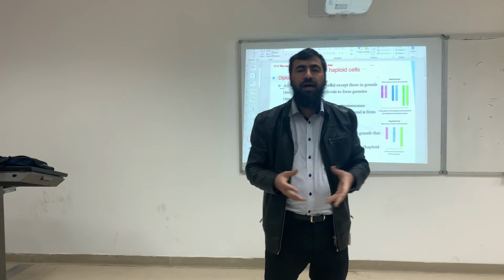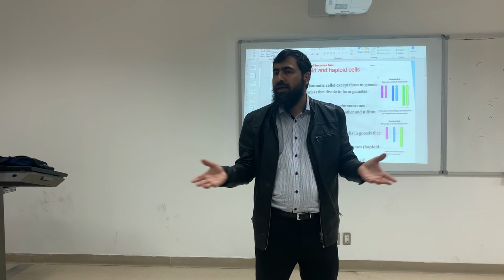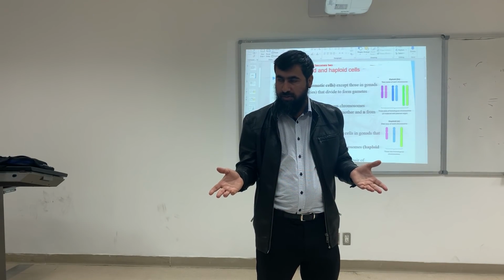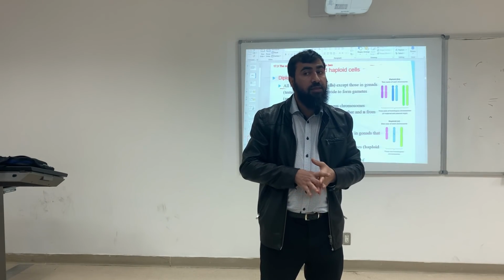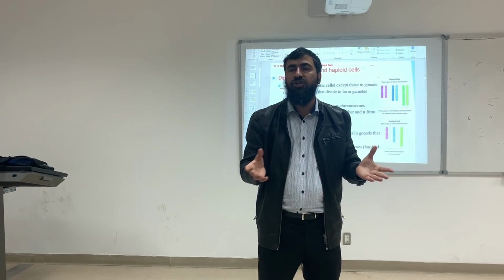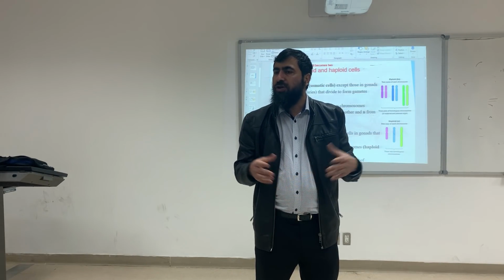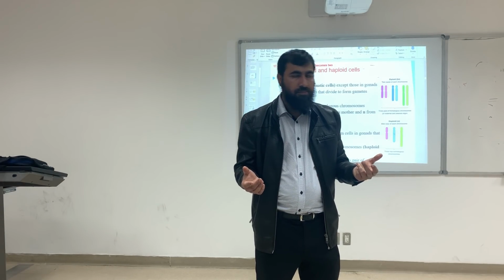If I say it started with 40 chromosomes, how many chromosomes after meiosis? 20. Okay? Because I said homologous pairs, 40 homologous pairs is actually 80 chromosomes. Or 40 chromosomes, when I say, is 20 homologous pairs, okay?